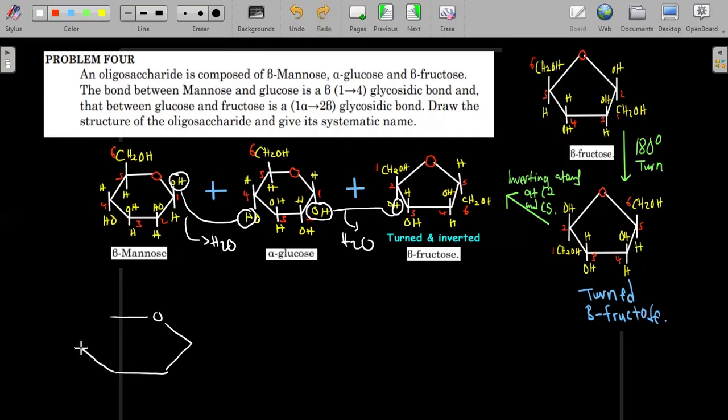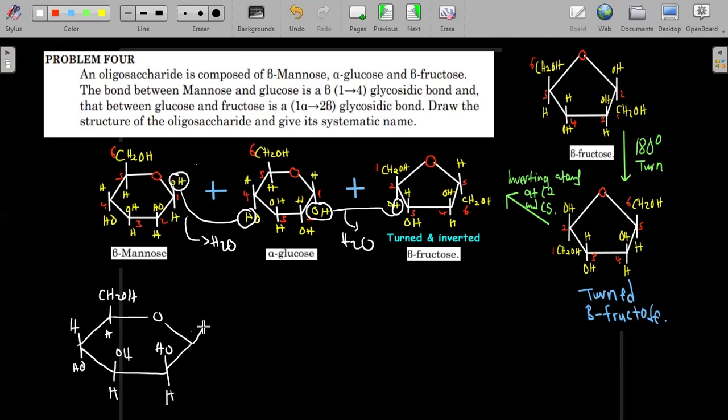On this carbon number 5, we have H, and then CH2OH, and then there we have HO, and then H, there we have H, and then OH, and then H, and then HO. And then on this carbon number 1, remember this OH has undergone a reaction, right?